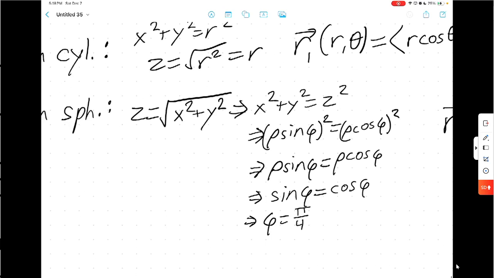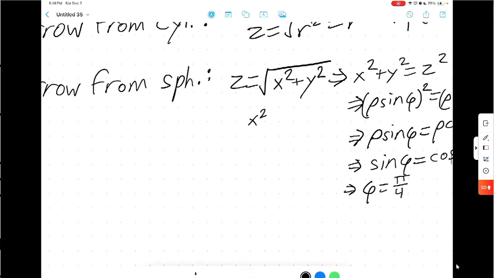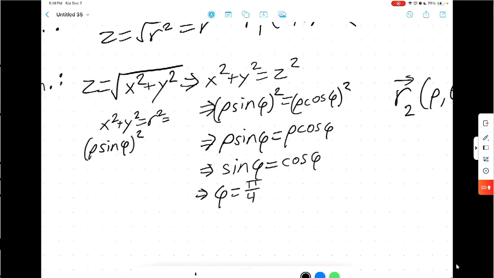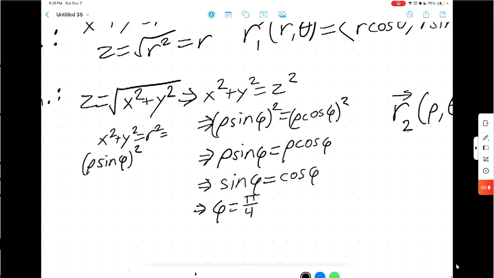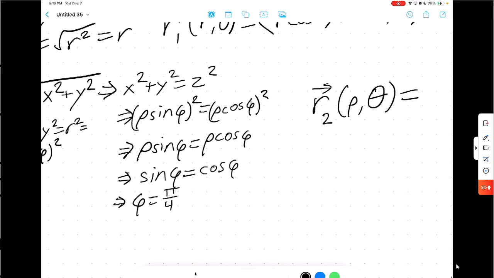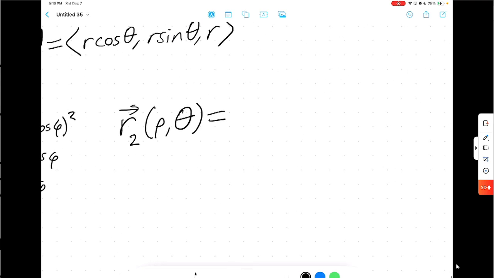Okay, when I switch them, you get x squared plus y squared equal to r squared is equal to rho sine phi squared again. This is the part we're actually using from spherical. And we're ignoring all the negative solutions here, because we only need the positives. So phi is equal to pi over 4.